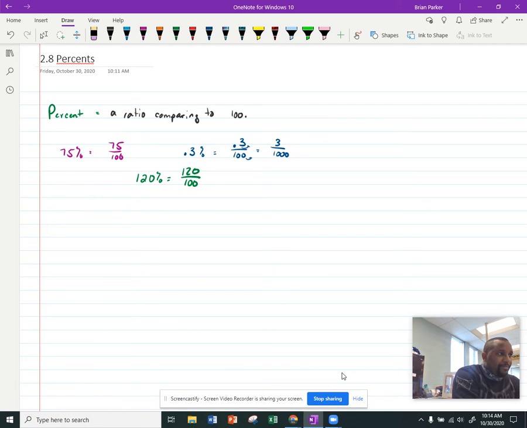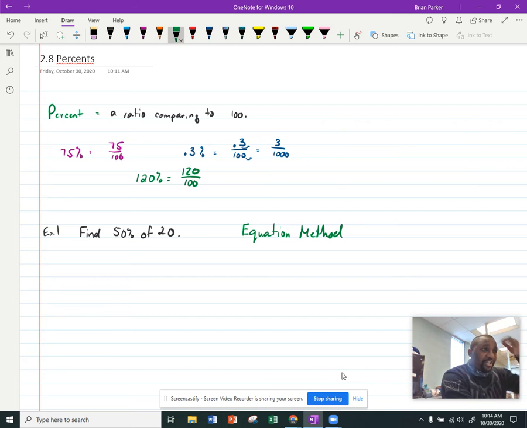If they ever tell you to find, this will be our example one, find 50% of 20. First of all, I want you to know to use the equation method.